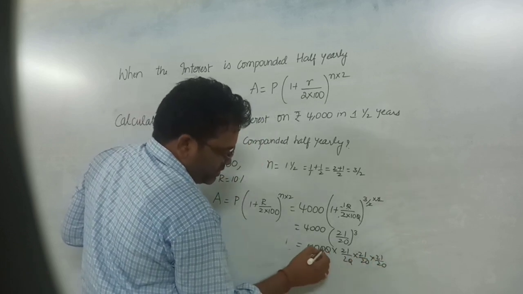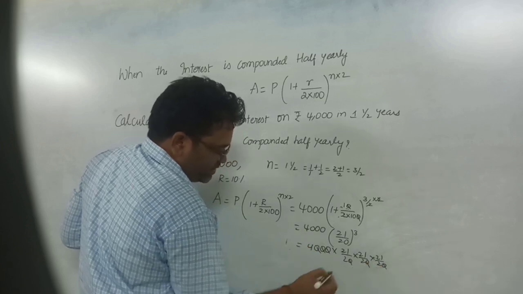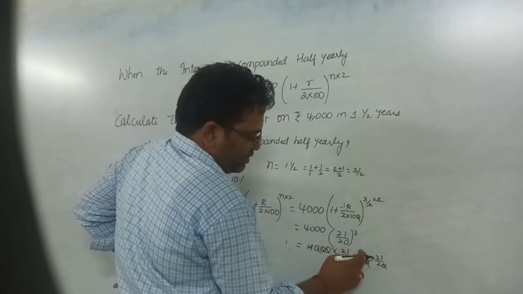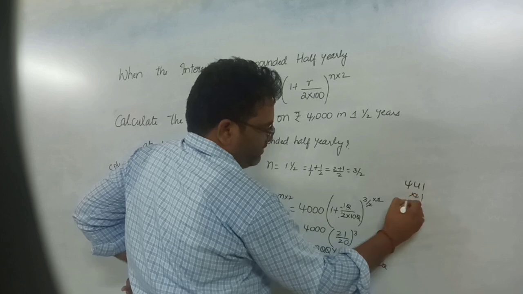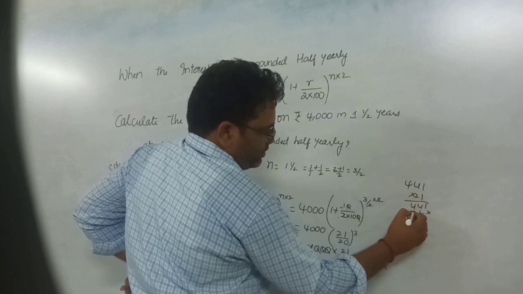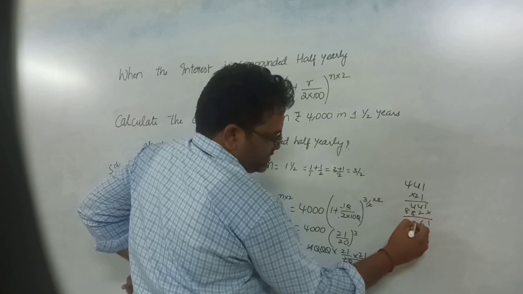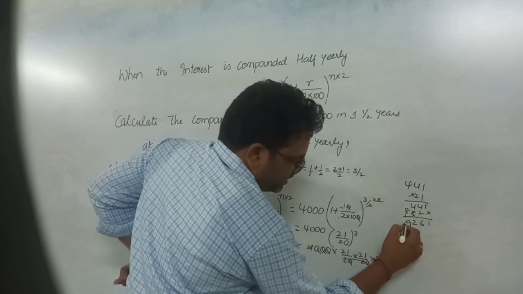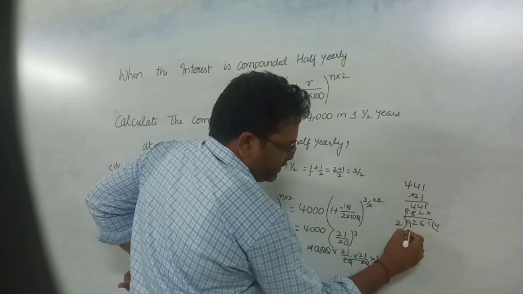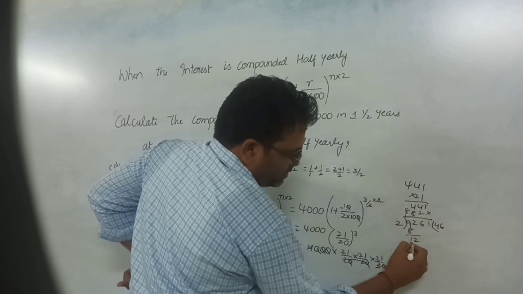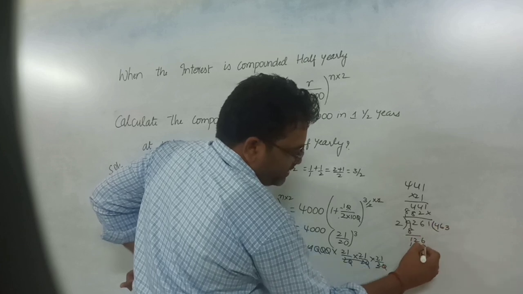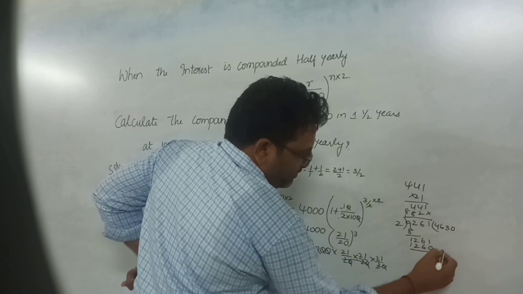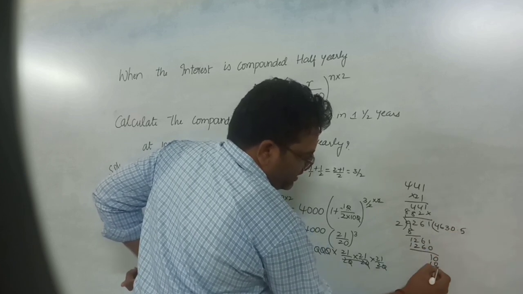The zeros cancel. Then 21 twenty-ones are 441, 441 twenty-ones are 9261, and then you have to divide by the 2, so we get 4630.5.